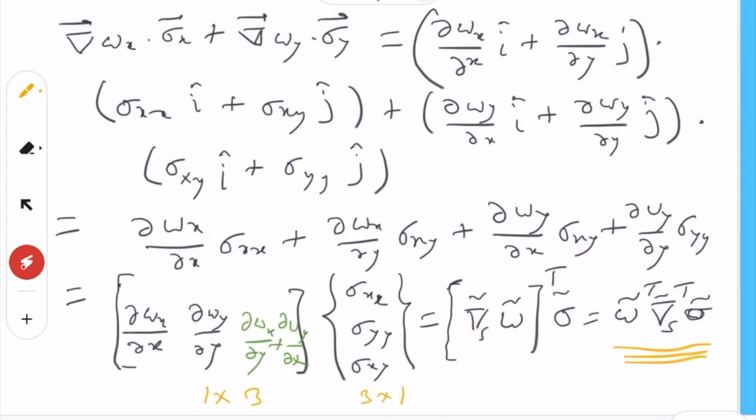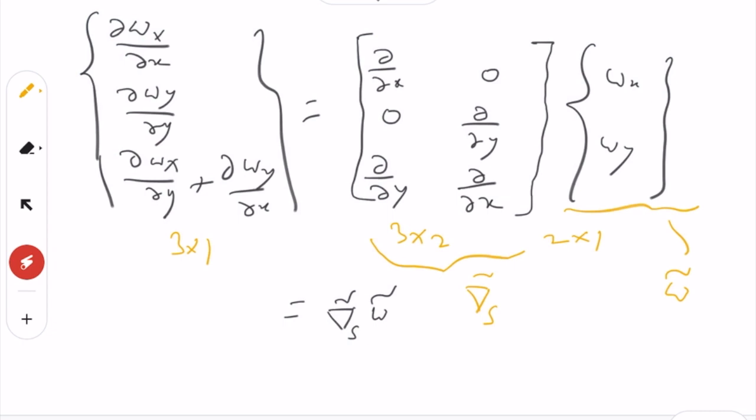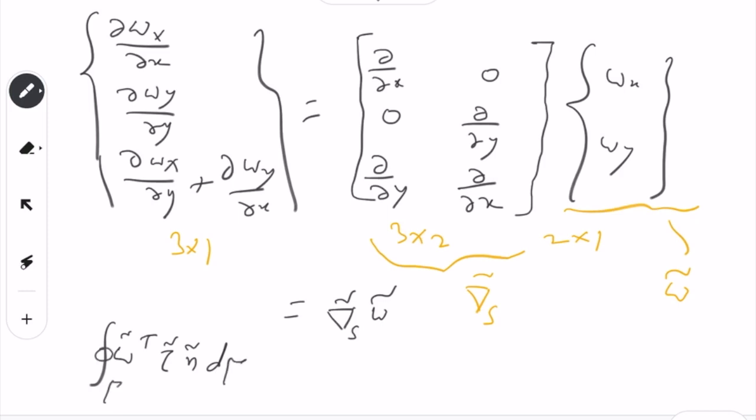Combining them together, we get w transpose tau n, d gamma, on the boundary.